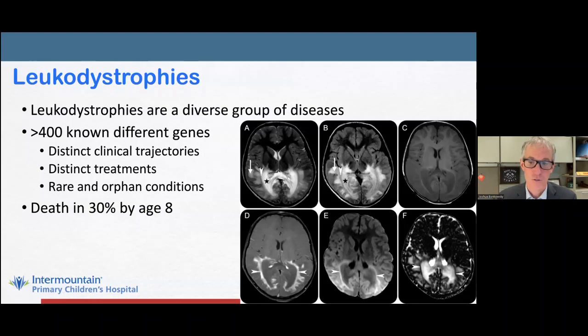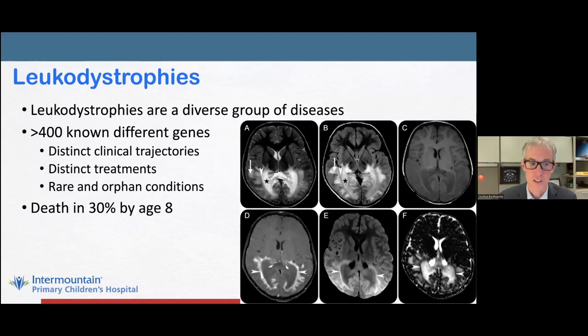In general, these are pretty rare conditions, or what we call orphan conditions, where there isn't as much known or as much treatment going on, and that's really been a limiting factor. Unfortunately, these diseases tend to be pretty severe with a fairly high risk of death. In the first decade of life, in general, there's almost a 30% risk of death.